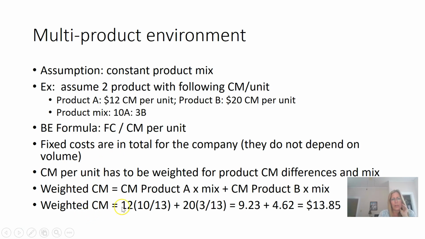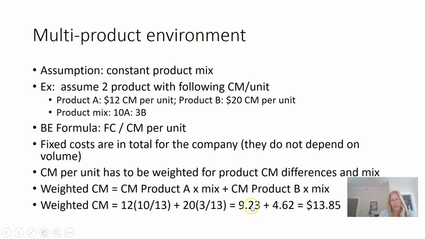For our example, we take the contribution margin for product A, which was 12, and we multiply it by the mix for A, which is 10 divided by the sum of these, which is 13. 10 divided by 13 is what you're going to weight this 12 by. So multiply that out, and you add to that product B's contribution margin times its mix, which is 20 times 3 over 13.